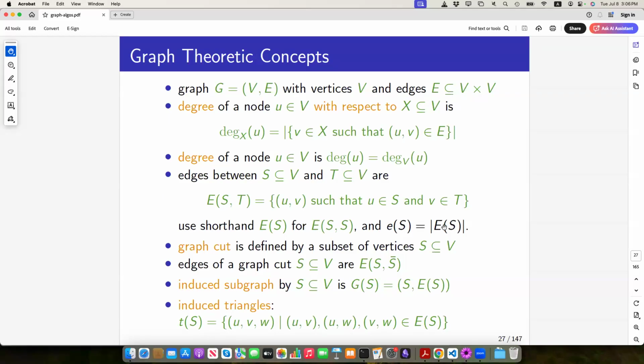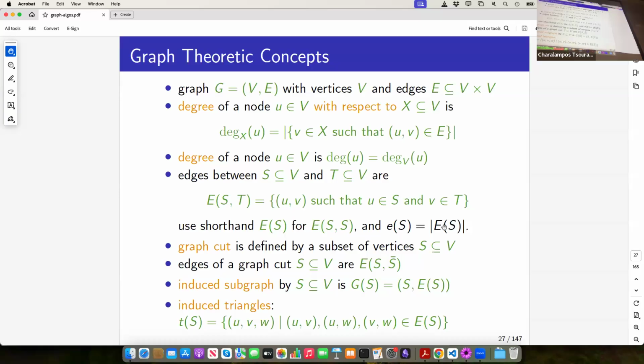So you have two arbitrary sets. The set of edges E(S,T) is the edges whose one endpoint lies in S and the other endpoint lies in T. So if S is equal to T, then basically we look at the set of induced edges. So I give you a set of nodes, how many edges exist within that set? And typically I use this notation, little e of S, to be the cardinality of the number of induced edges.